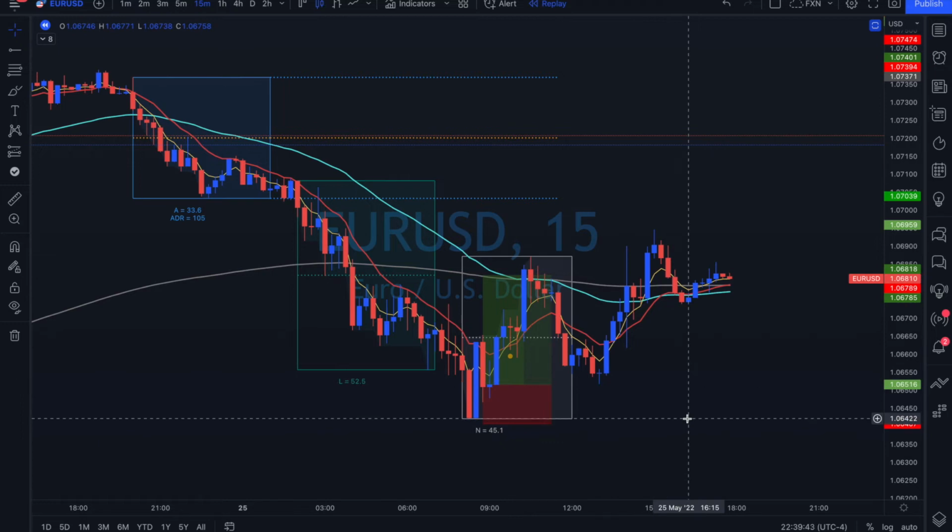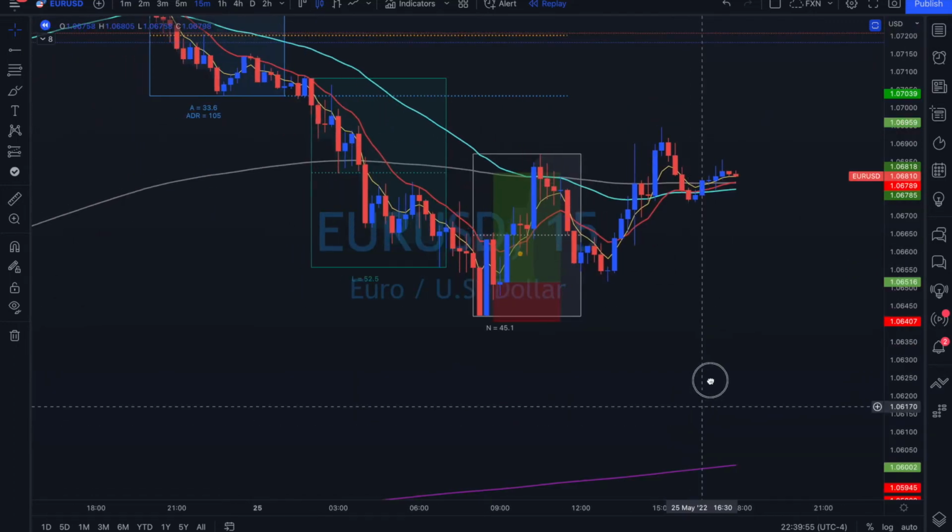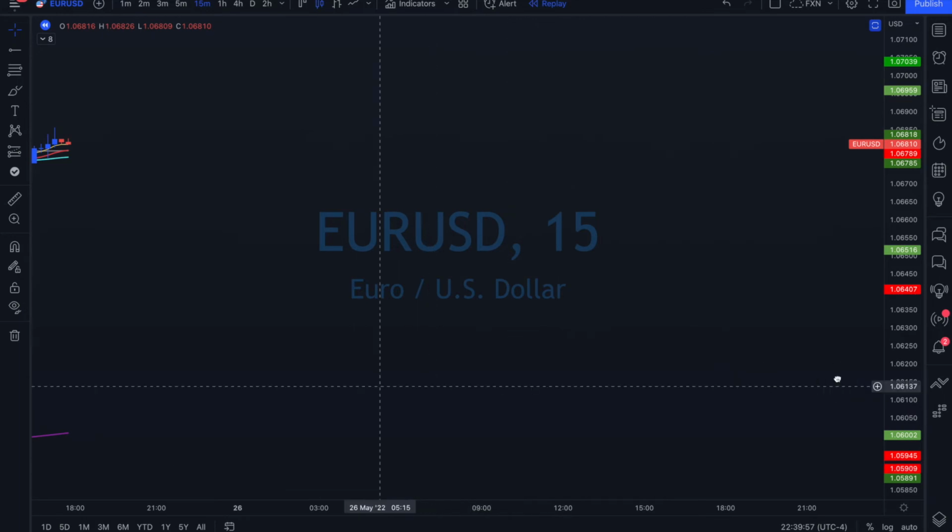So here's another good example of using the 200, and in this case even the 50 EMA, as a take profit point for this specific trade that's going in your favor anyways. The 800, by the way, is all the way down here at the very bottom.